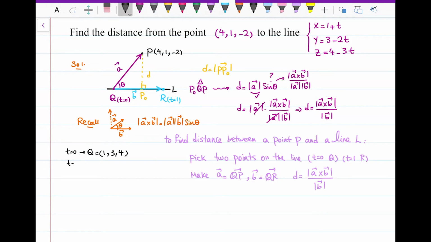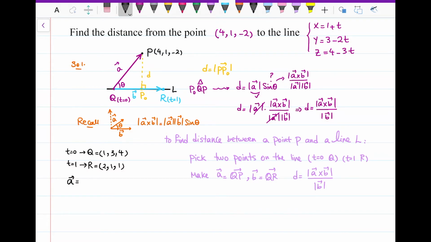Let's pick another point at t equals 1 to make the point R. So when I plug in 1 in here, I get 2, and then I get 3 minus 2 is 1, and then 4 minus 3 is also 1. Now I need to make the vectors.